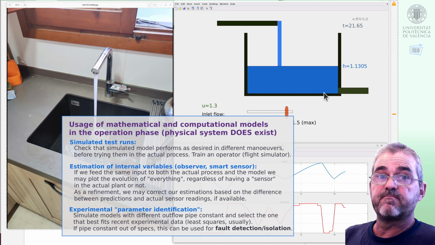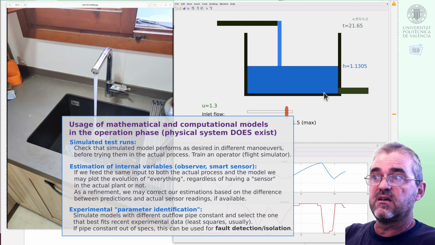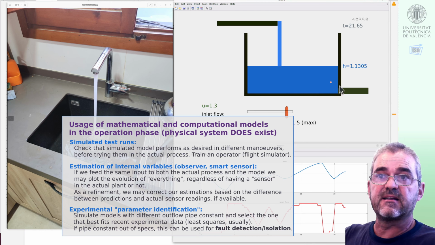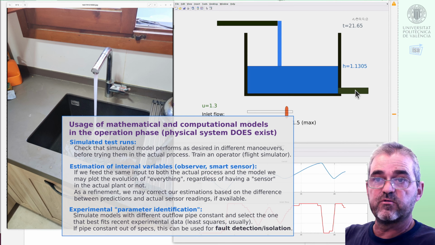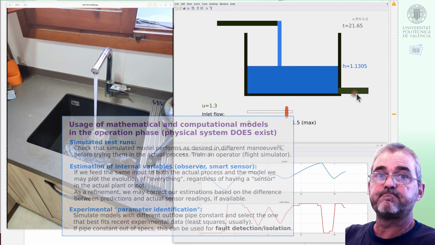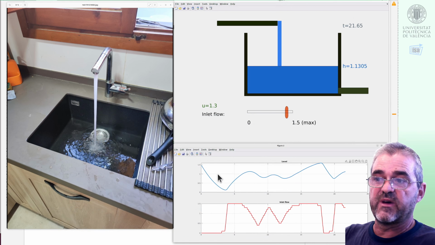Another thing we can do is, say, if we realize that my system is not acting as my simulation, for instance, I can simulate a batch of models with different outflow pipe characteristics in order to see which one fits best my historical readings.